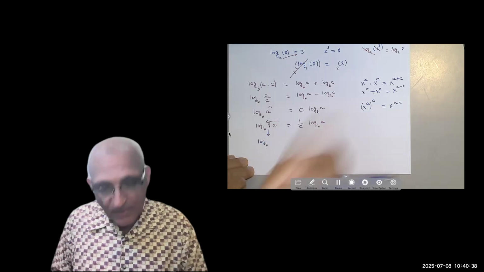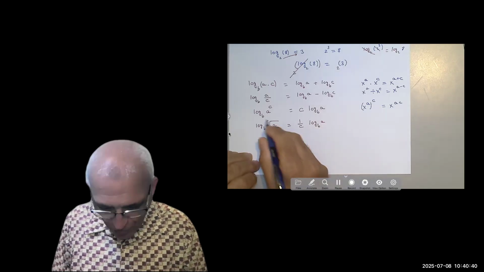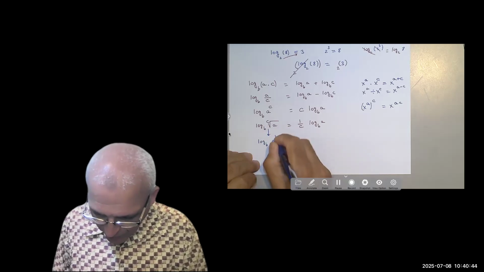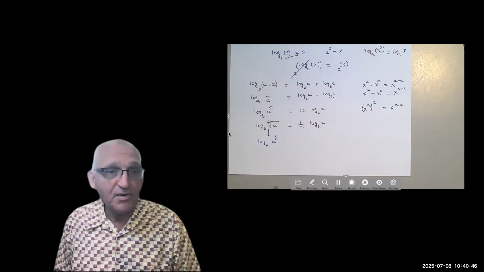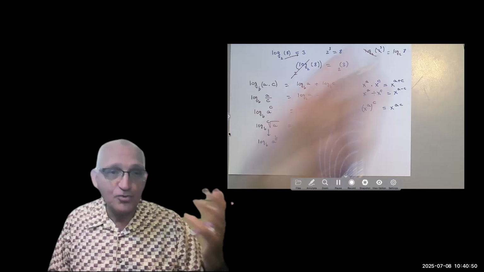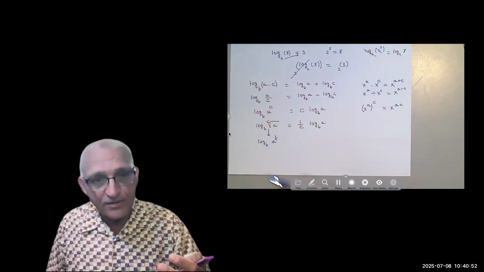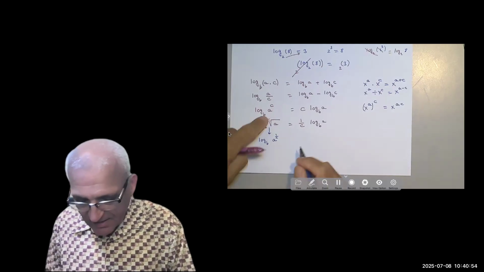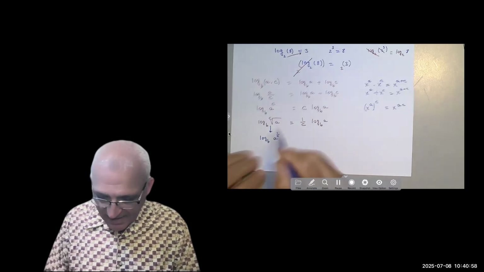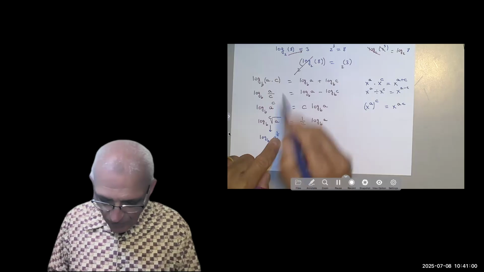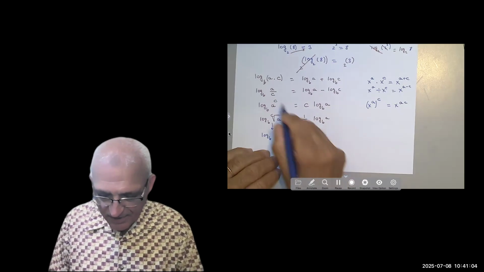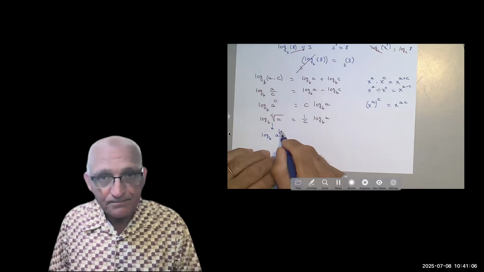If you remember from last time, the c's root of a can be written a to the power of 1 over c, right? Remember when we said square root of x is x to the 1/2, cube root of x is x to the 1/3, and so on. So c's root of a is a to the power of 1 over c. And then I apply this. 1 over c becomes a multiplier instead of being an exponent.